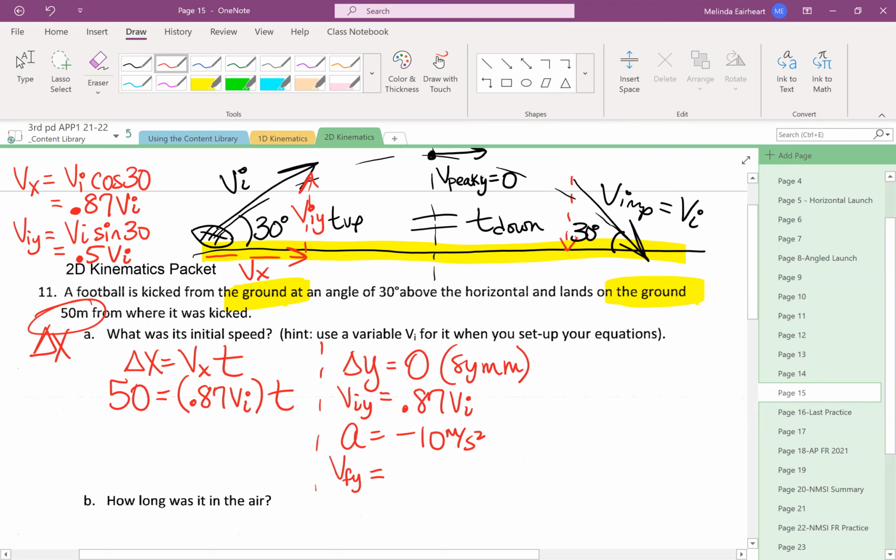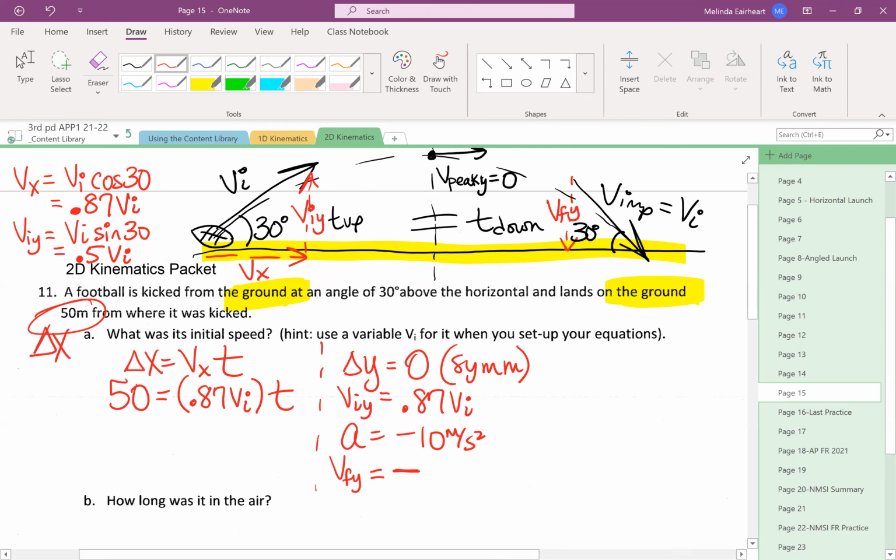The peak would, right? Which we could go that route. But the final vertical velocity, remember we talked about the symmetry, right? So the angle that it leaves the ground and hits the ground is the same. The hypotenuse is the same. So our vertical component is the same magnitude, but now it's moving what direction?